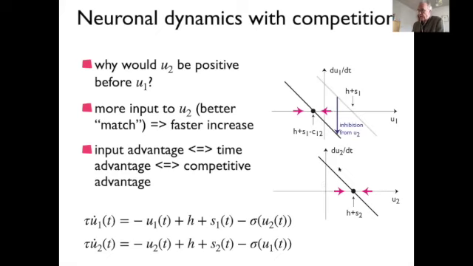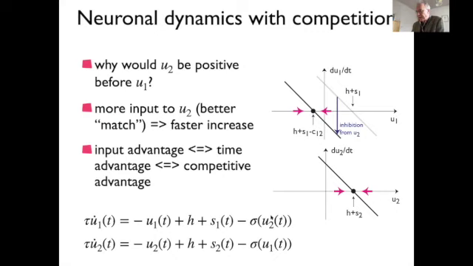So if you're giving a lot of input to neuron number 2, so S2 is very large, which would mean the attractor is very far out here, then activation of neuron 2 will rise very quickly. This is something that you will be invited to study in the exercises. And because it rises very quickly, it will start to have an inhibitory influence on the other neuron before that neuron can become very activated.